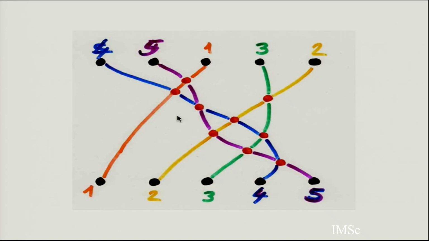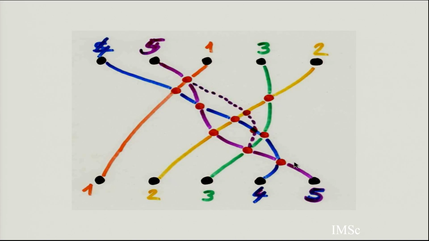But the fact that it's not a reduced decomposition here is because you see these two lines, the blue and the purple, they intersect twice. And it's easy to see that intersecting more than once is equivalent to non-reduced, because when you move this line, like in the Reidemeister movement of knot theory, each time the line goes through a red point, this is a triple intersection, this is a braid relation.